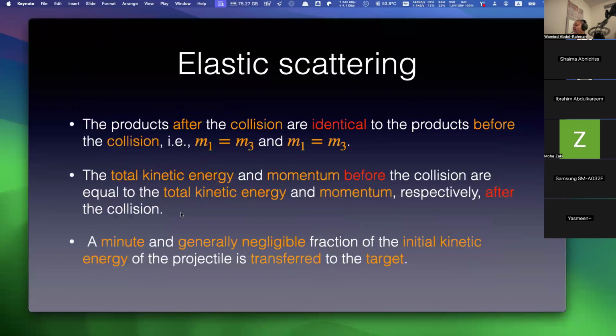Also, the total kinetic energy and momentum before the collision are equal to the total kinetic energy and momentum, respectively, after the collision. In general, in elastic scattering, a very small amount, or relative amount, of the initial kinetic energy of the projectile is transferred to the target.